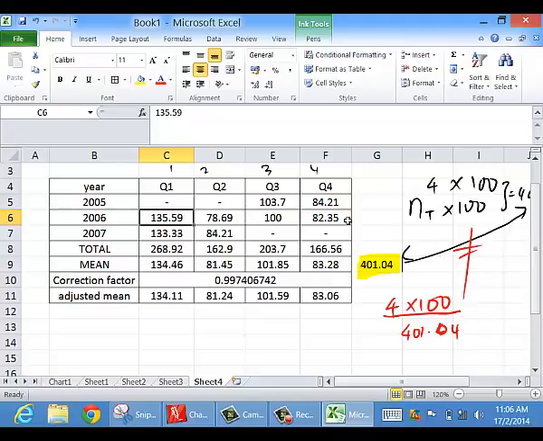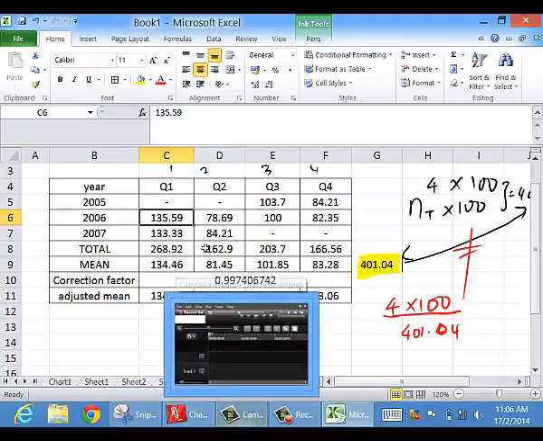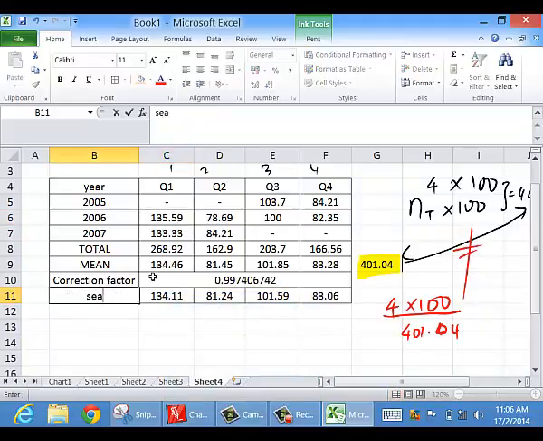Boleh ke? So adjusted mean, in other words, we call it as seasonal index. Boleh faham? Another word for adjusted mean is seasonal index. So seasonal index for quarter number 1, 134.11. For quarter number 2, 81.24, and so on. Boleh faham?